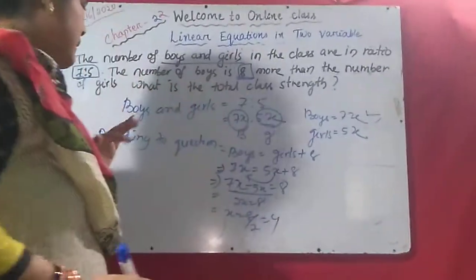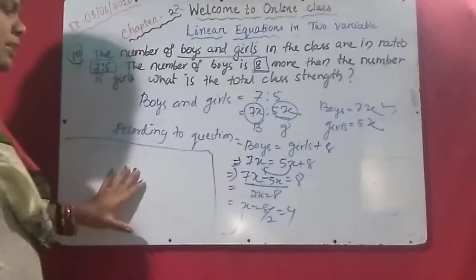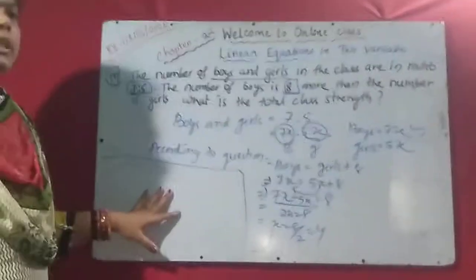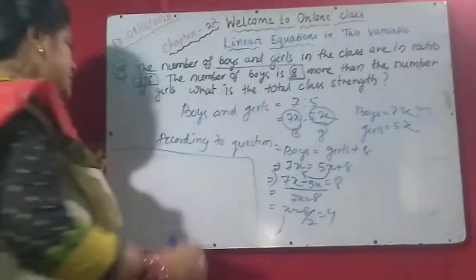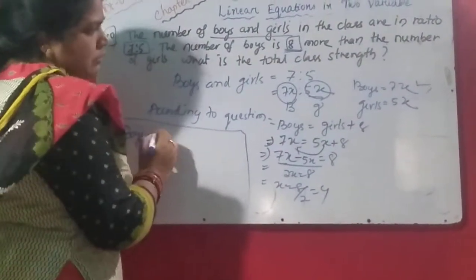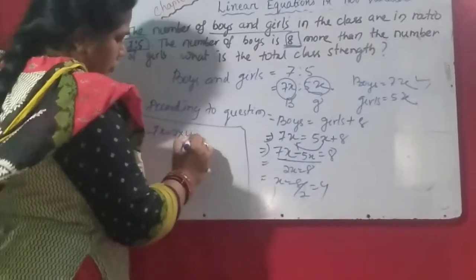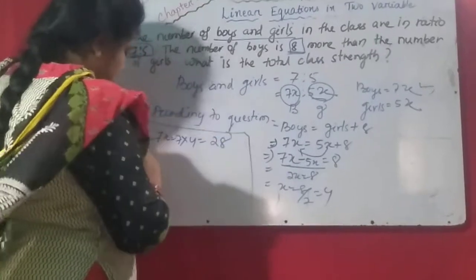Here the question is, what is the total strength of the class? First find out the boys. Boys equal 7x, that is 7 into 4, 28.